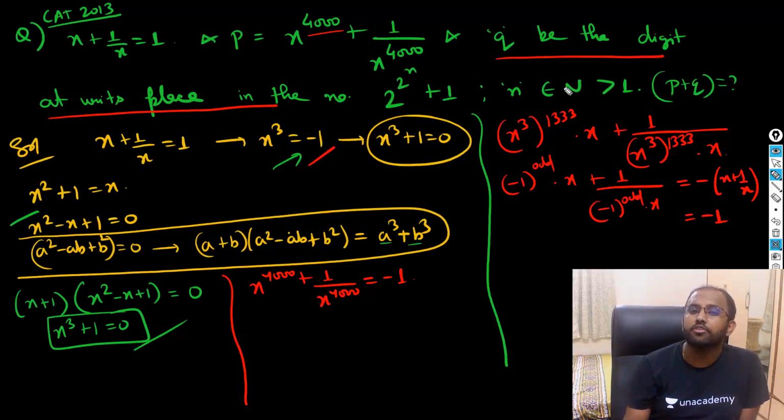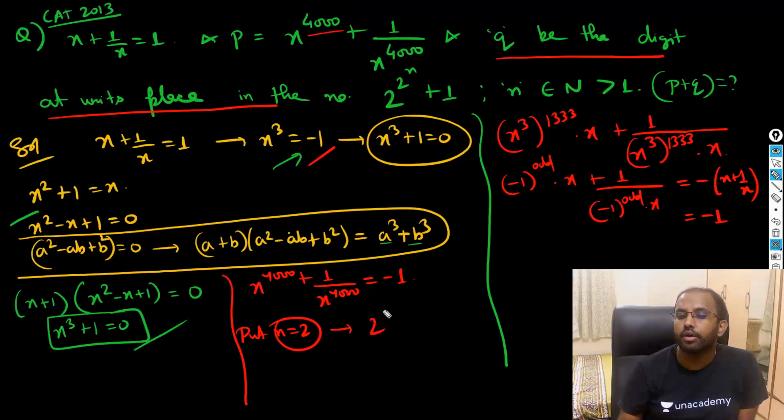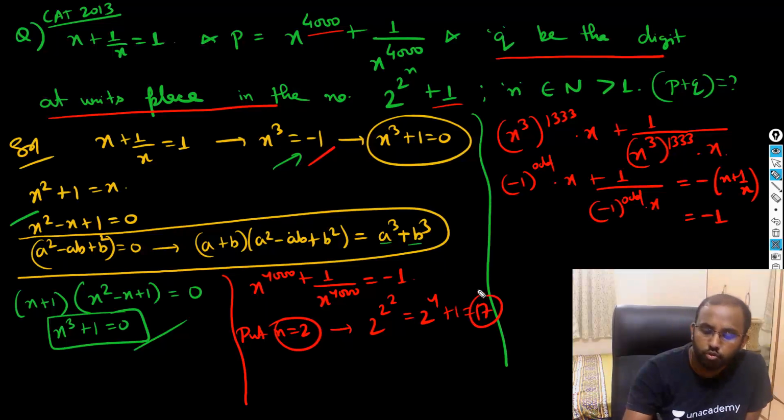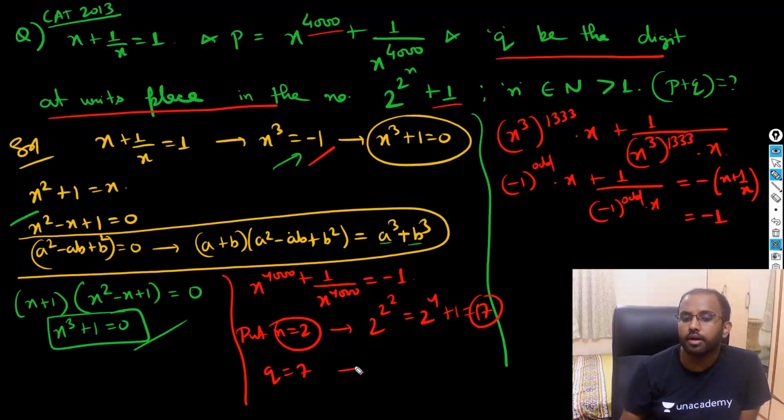That means it has to satisfy for any number n greater than 1, right? So I can put n equal to 2. If I put n equal to 2, guys, I'll get 2 square, which basically means 2 raised to 4, and plus 1, it is 17, right? That means unit digit is 7. So basically q is equal to 7. So that is my answer, p plus q, that is minus 1 plus 7. So 6 is the answer for this question.